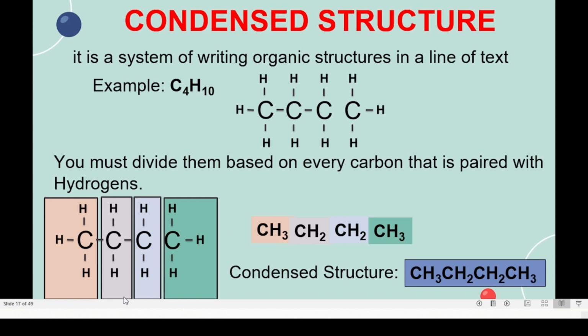The second carbon has 2 hydrogens, therefore CH2. The third carbon has 2 hydrogens, therefore CH2. And the last carbon has 3 hydrogens, therefore CH3. So the condensed structure of butane, or C4H10, is CH3, CH2, CH2, and CH3. This is how you write the condensed structure of an alkane.